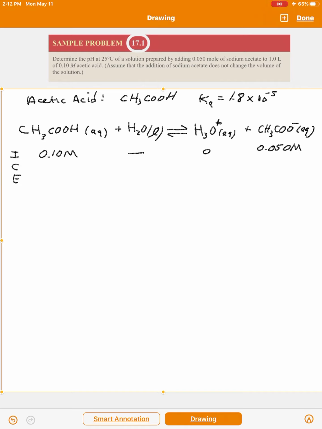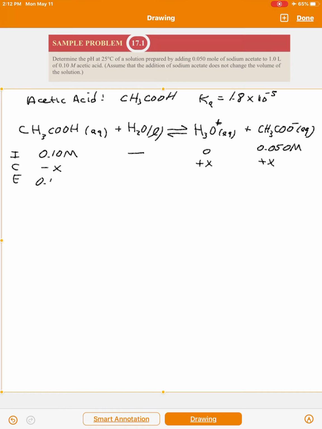It's either going to go to the left or the right. We calculate Q. Q is hydronium, 0, times acetate, 0.05, divided by acetic acid, 0.10. That's still equal to 0 because the hydronium is 0. So that means the reaction is going to go to the right, so that hydronium is not 0.